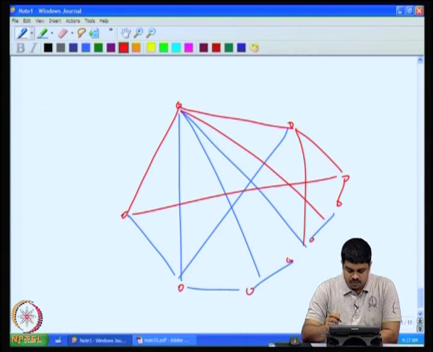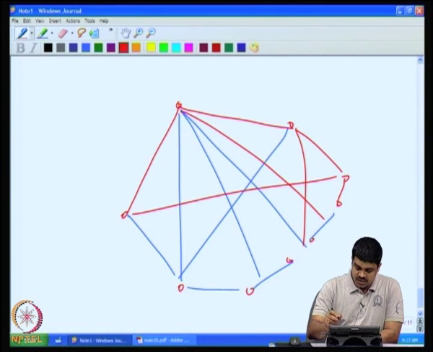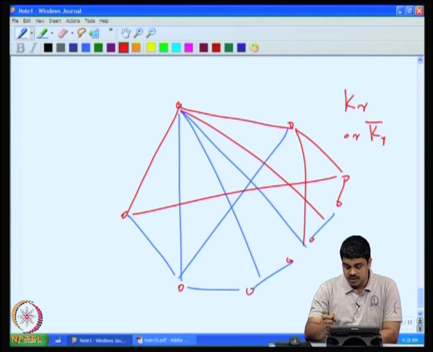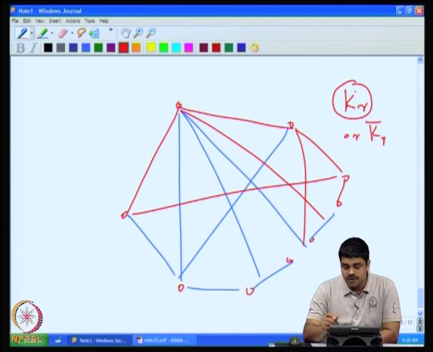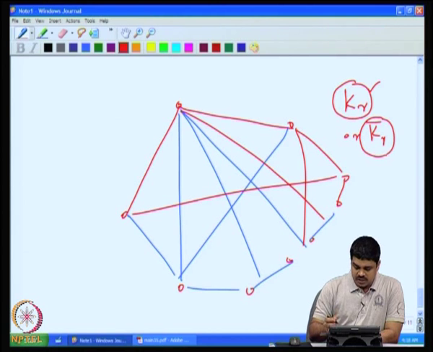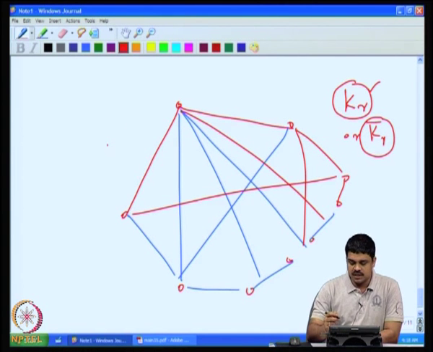And now, we can ask: is it possible that there is always a K_r or a K_r bar, that means a complete graph on r vertices or an independent set on r vertices? This is with respect to the graph.